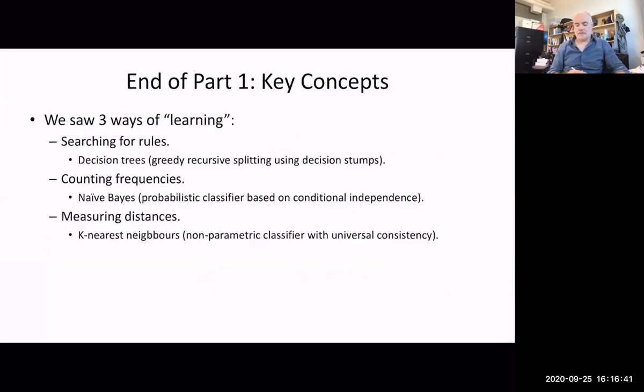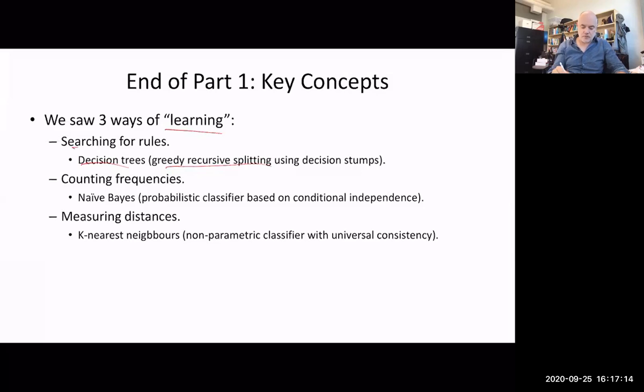Oh, well, not quite yet, because we talked about one more thing. We also saw like 3 ways of learning, and this is important, right? So what does learning mean? It means generalizing, but we conflate learning with the optimization algorithms we were just talking about, right? So we're still trying to do program induction, right? In decision trees, we looked at a combinatorial optimization algorithm that did greedy recursive splitting and did optimal local decision stump finding at each greedy split.